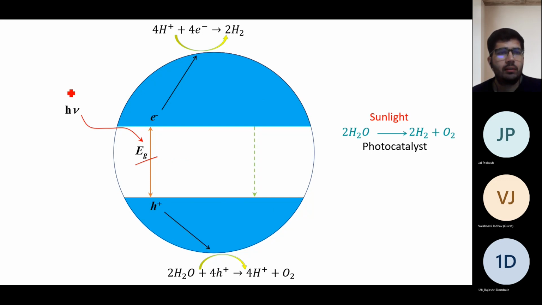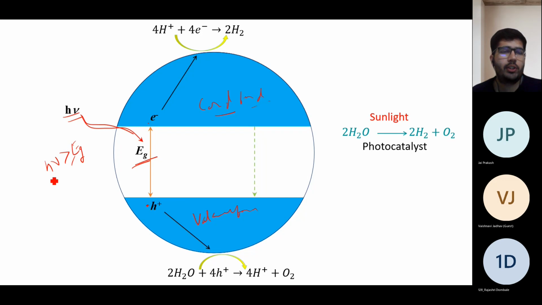Whenever sunlight strikes this material, with energy h nu, if h nu is greater than or equal to Eg, then holes will be created in the valence band, and electrons will go to the conduction band.